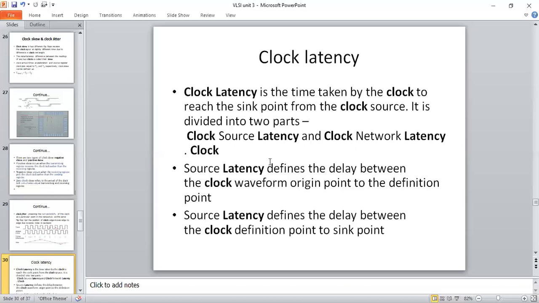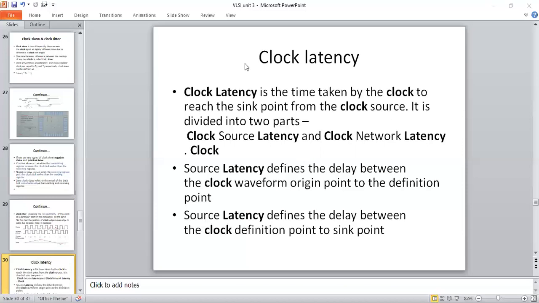Okay. So here we are taking two networks, one called the source network and the other the sync network. The source latency is defined as the delay between the clock wave generation and the definition point. Next, the sync latency in the embed is the difference between the definition point and the sync point.